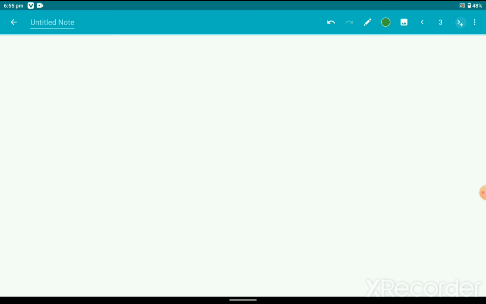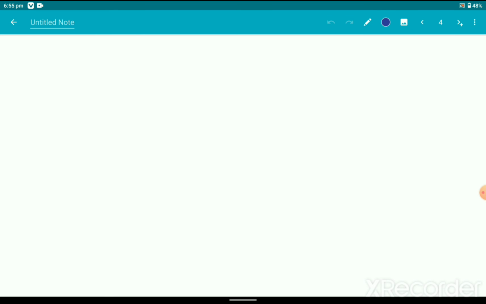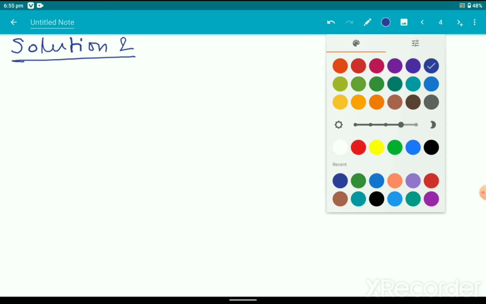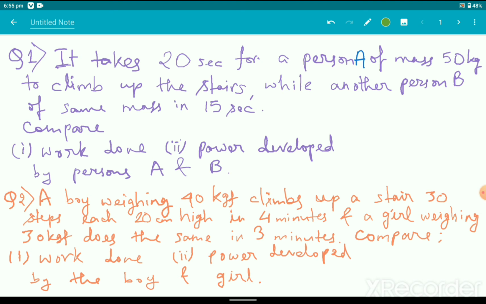Let us see. So coming to solution number 2. Okay, let us first of all write the given quantities. So what are the things that are given? It says 40 kg.